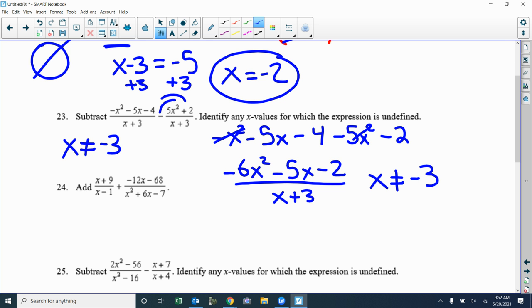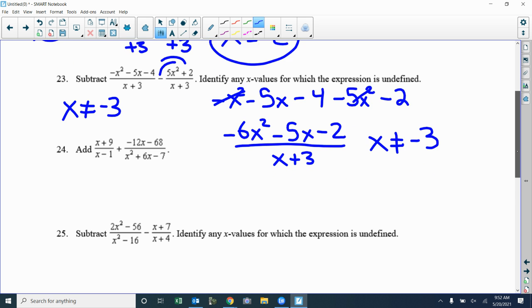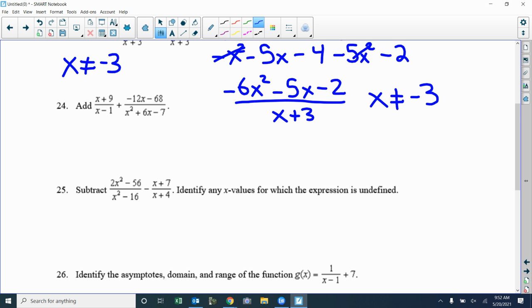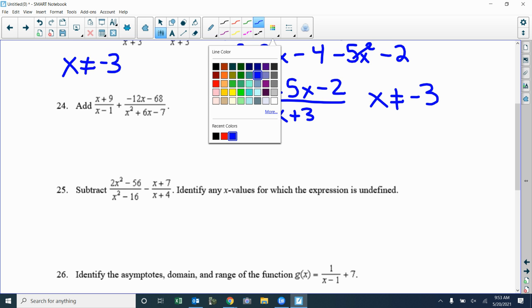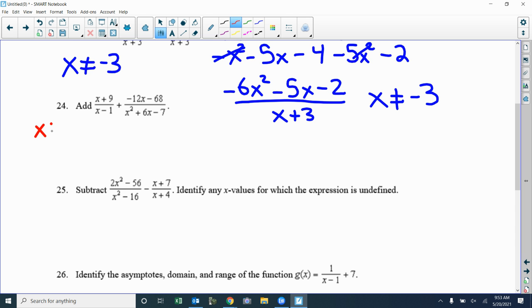24 and 25 do not have the same denominator. All right, yay. Everybody should be excited about that. Not really, huh? All right, we're going to have x plus 9. And here we're going to have x minus 1 plus negative 12x minus 68.